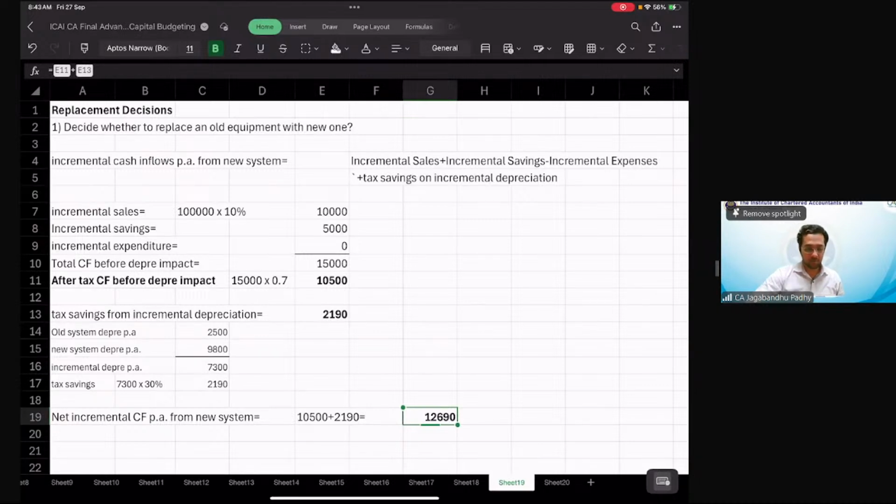Yeah. Savita, in the earlier working, we haven't considered the after-tax effect. We have just taken 15,000. So I need to deduct the tax that I need to pay on it, right? So that tax has to be deducted, and then net savings for you will be 10,500.